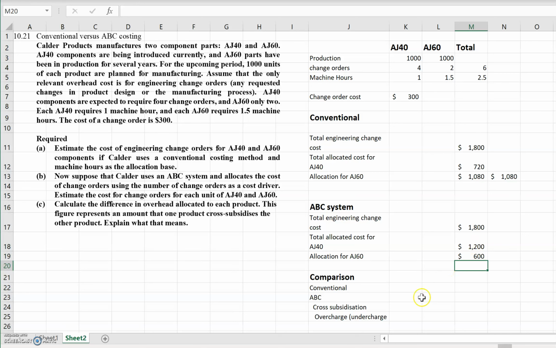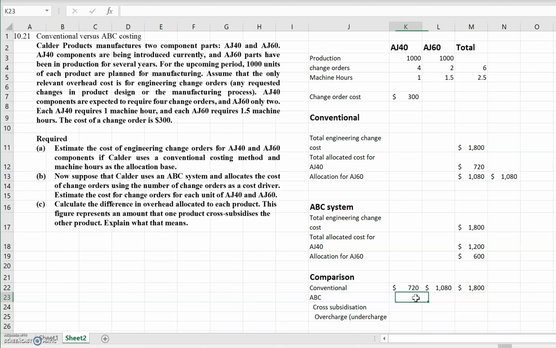So let's just have a look. Under the conventional system, AJ40 is 720 and AJ60 is 1,080, giving us a total of 1,800.